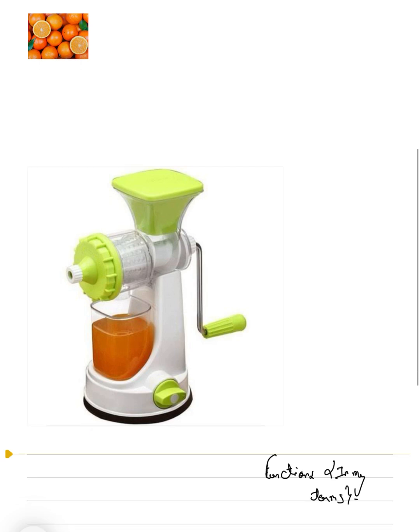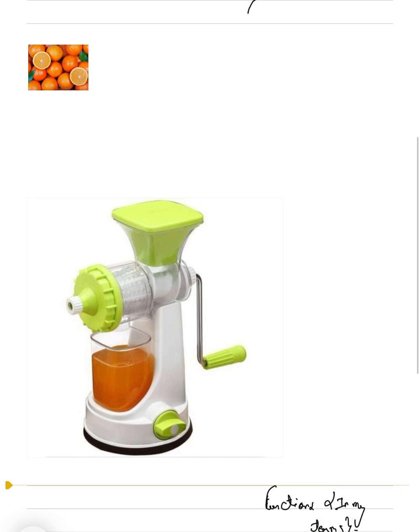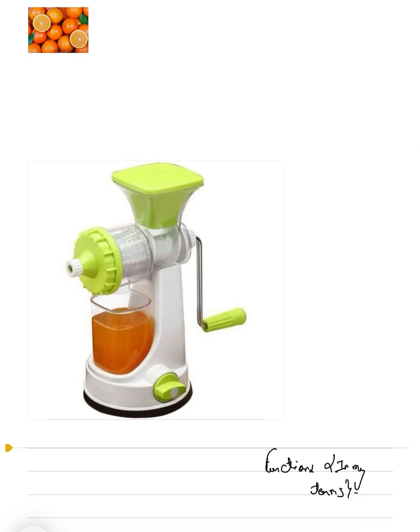You can clearly see that I have taken some oranges, and what I'm going to do is process them using a fruit juicer mixer, a machine.